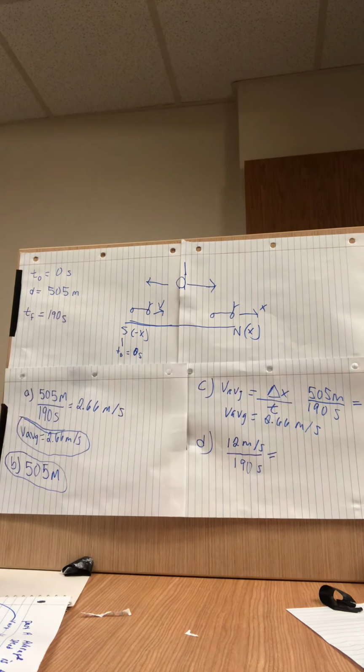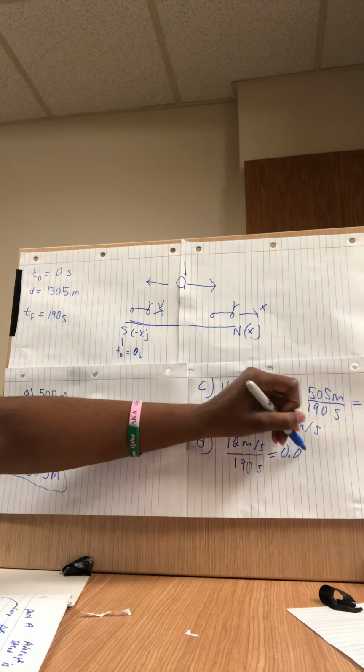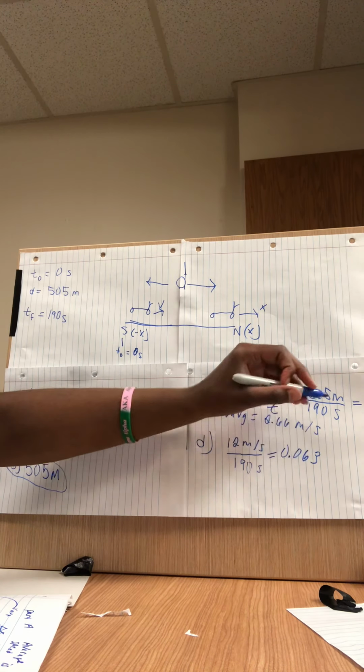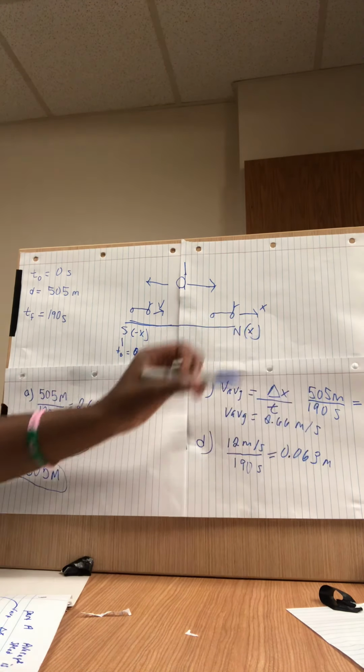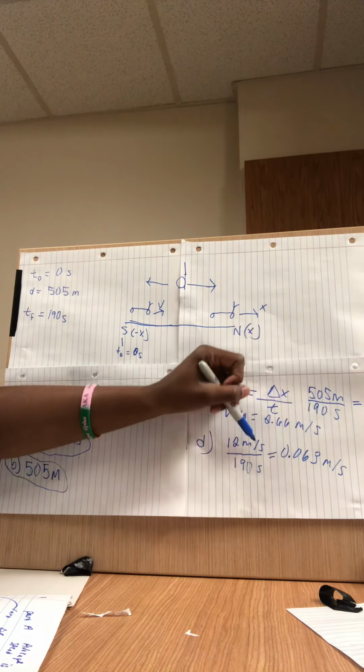And this will give you a number of 0.063 meters per second squared.